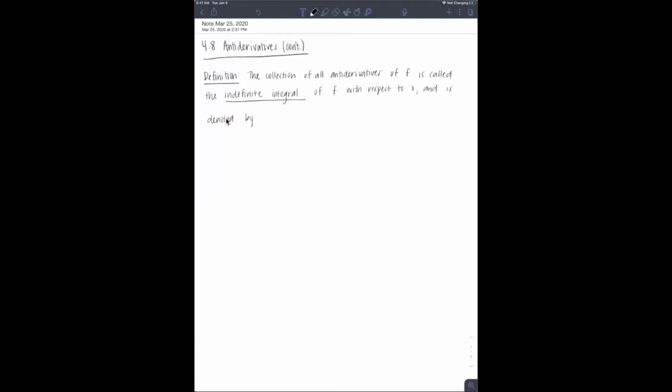If you've seen it before, then you should recognize it. It's like a really elongated s, right? And so this means the integral of f of x with respect to x.